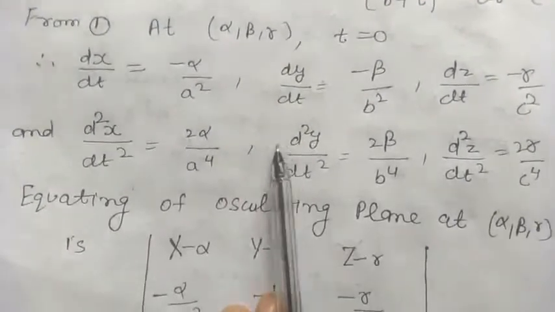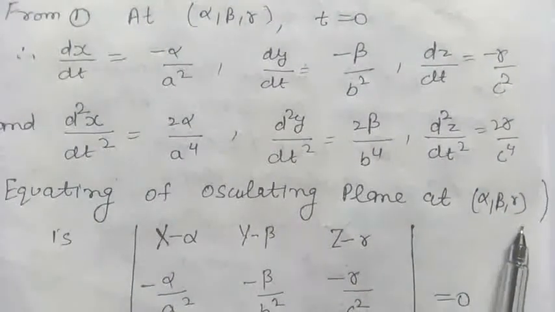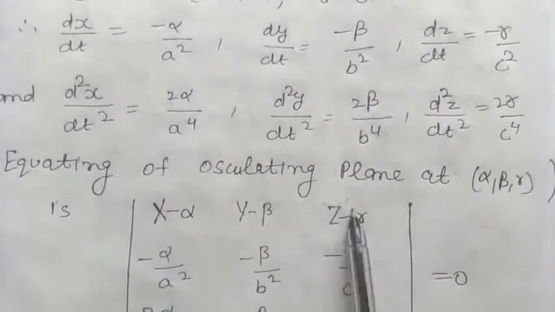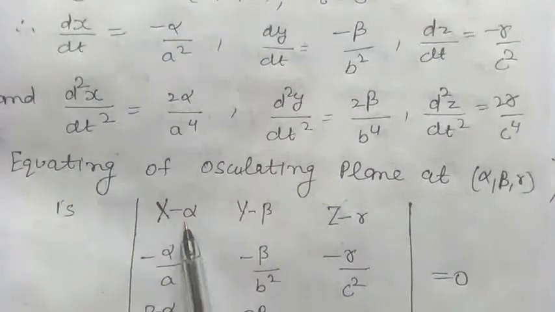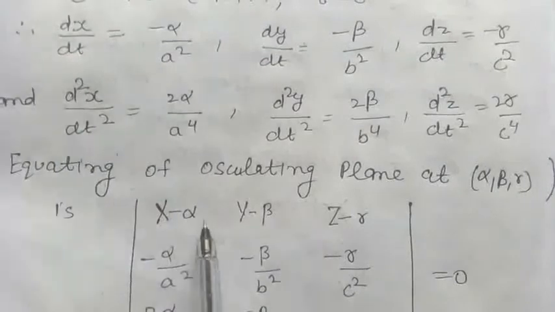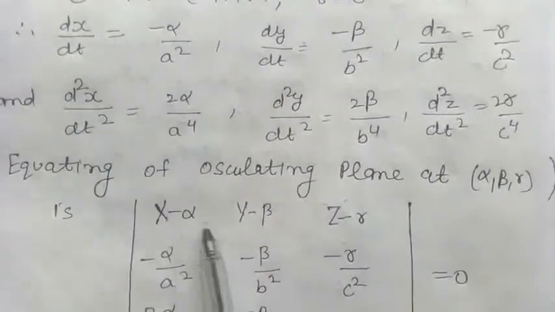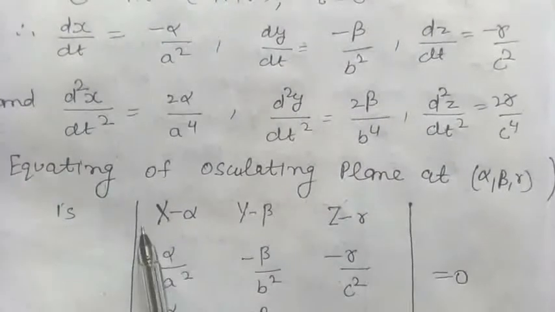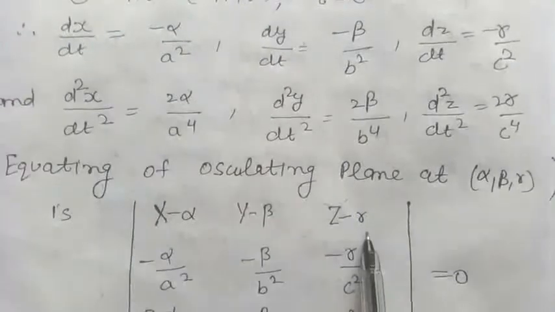Now the equation of the osculating plane at (alpha, beta, gamma) is given by the determinant equated to 0, where the first row contains the components X minus x, Y minus y, Z minus z. So here the point is (alpha, beta, gamma), so the first row has the components X minus alpha, Y minus beta, Z minus gamma.